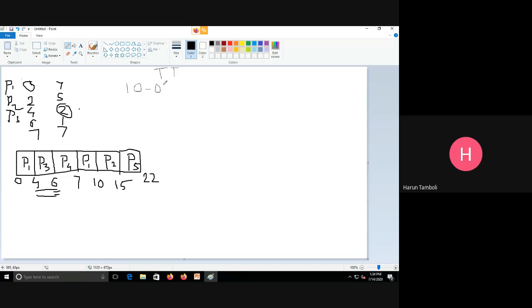It is 0. So for P1, turnaround time is 10. Now calculate for P2. Completion time for P2 is 15 minus arrival time 2. So the turnaround time is 13.